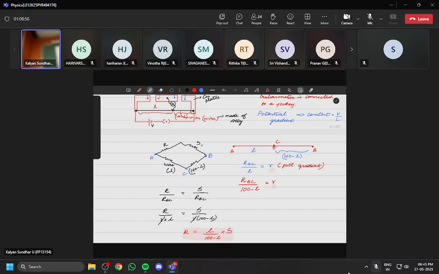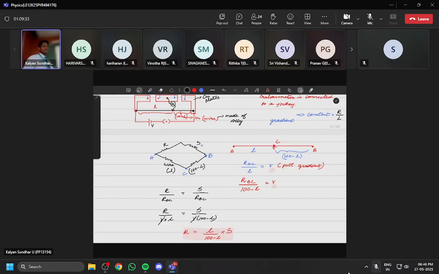No, R is the potential gradient. Potential gradient with respect to your RA by resistance of AC with respect to per unit length. Oh, sorry. Sorry, resistance gradient. Thanks for correcting it. So this is for resistance per unit length.